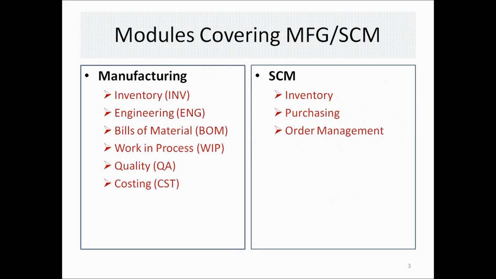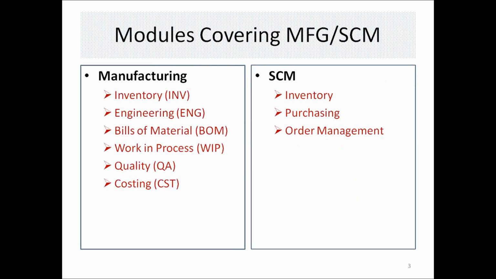I'm earning something. So that is called account receivables. Account receivables is part of the financial module that works in tandem with order management. AP is for purchasing, account payables. AR, account receivables, is for order management, which are there in financials. So cutting across, these are all the modules, and all these modules are integrated.